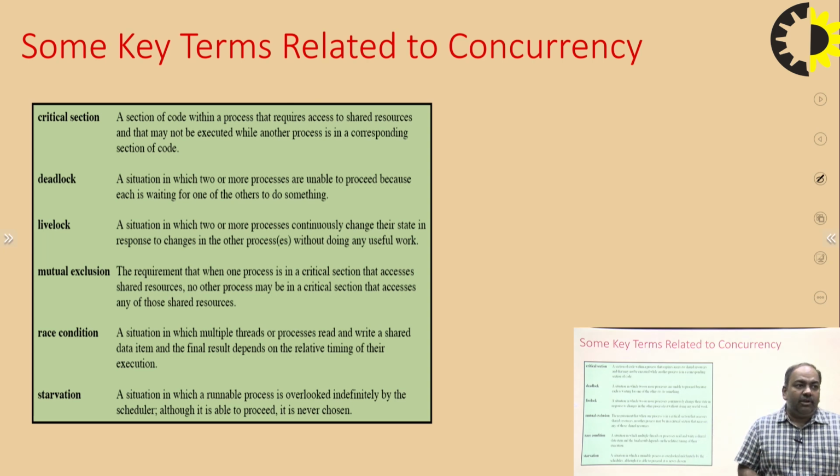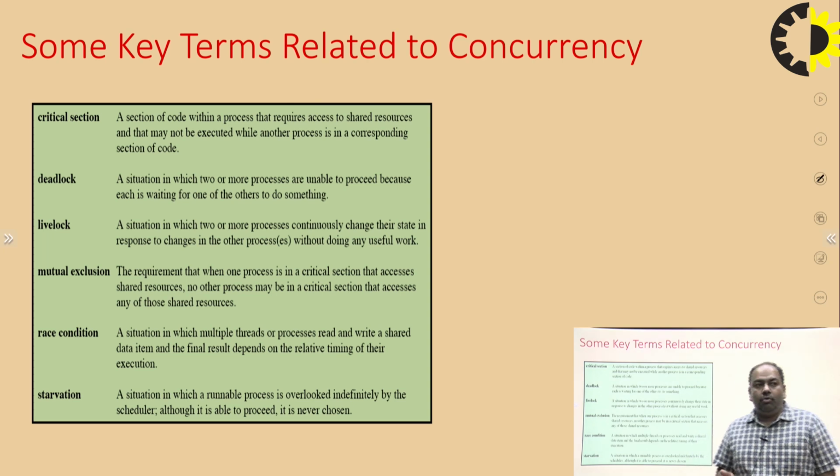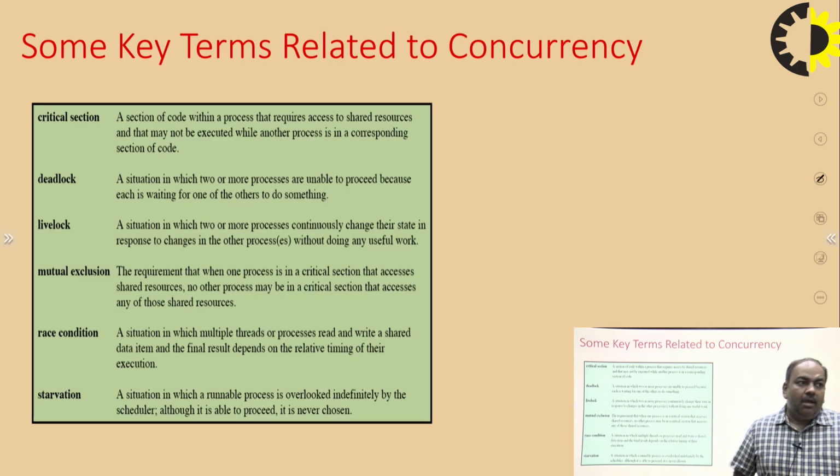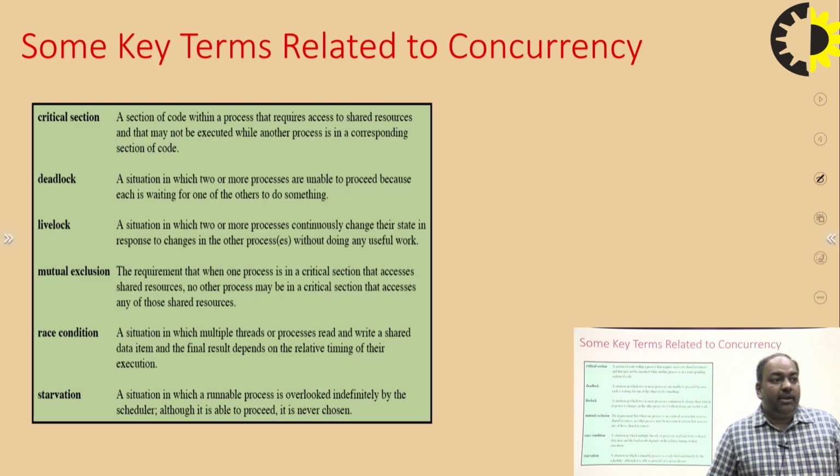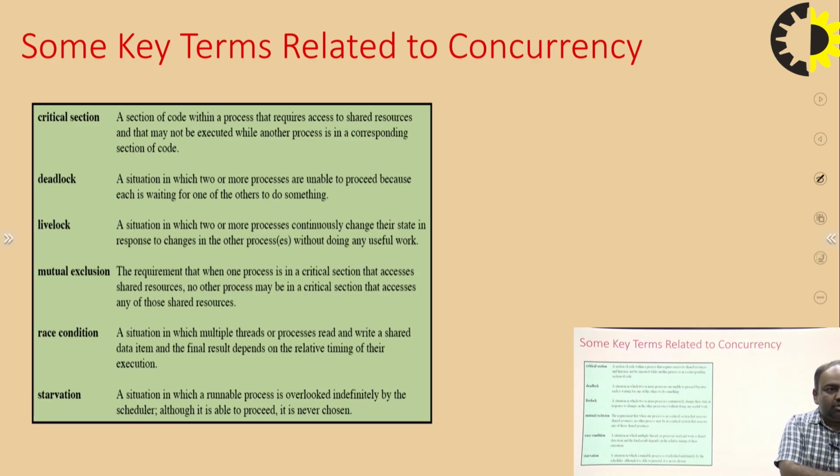Next is deadlock, the situation where two or more processes cannot execute. Mutual exclusion is the requirement that when one process is in the critical section that accesses shared resources, no other process may be in a critical section that accesses any of the same shared resources.